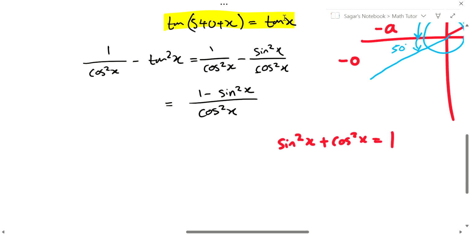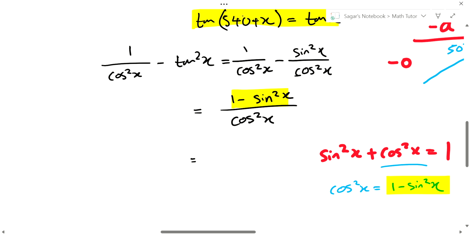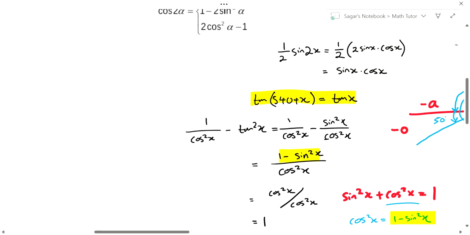If we make cos squared x the subject of the formula, we have 1 minus sine squared x. Now this is essentially the numerator, so we can substitute cos squared x in that position, which is divided by cos squared x, and this is equal to 1.